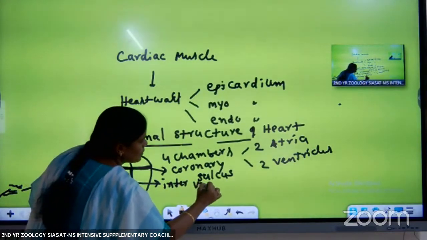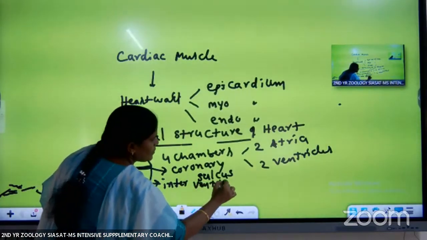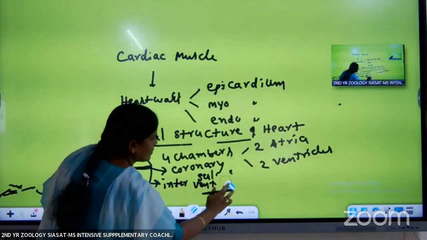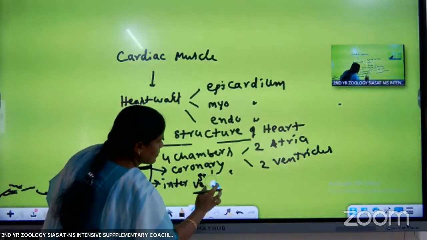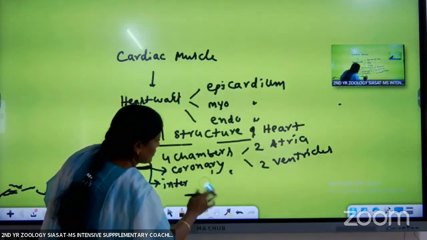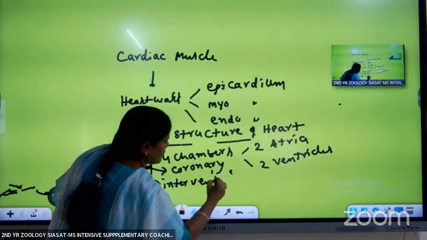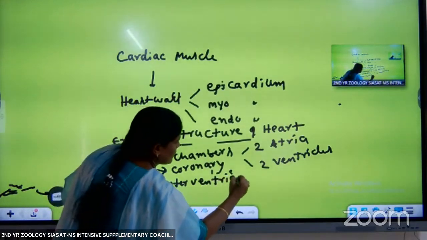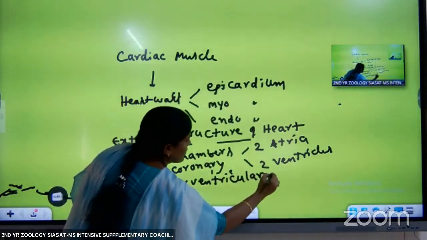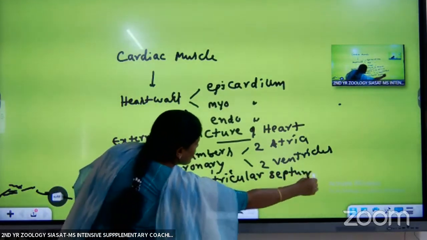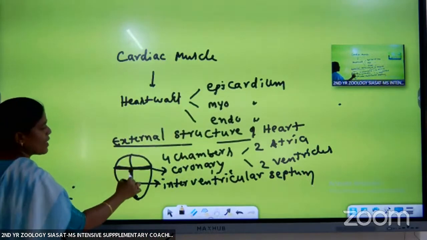The interventricular septum is visible, and on this septum the coronary arteries are visible.